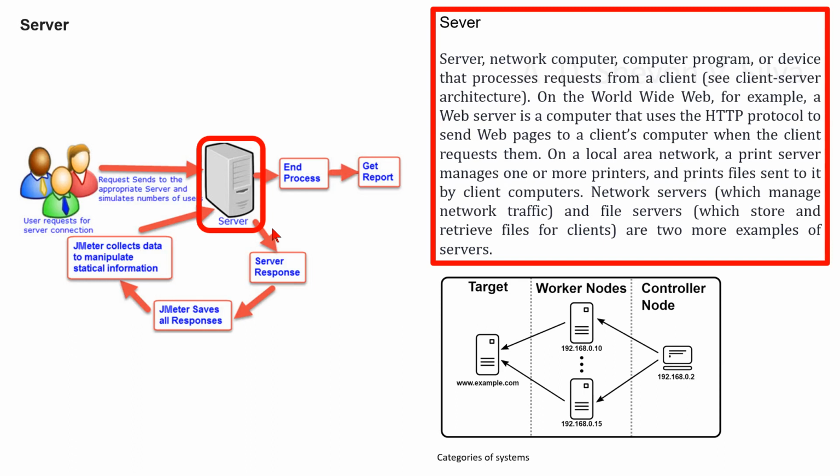On a local area network, a print server manages one or more printers and prints files sent to it by client computers. Network servers, which manage network traffic, and file servers, which store and retrieve files for clients, are two more examples of servers.